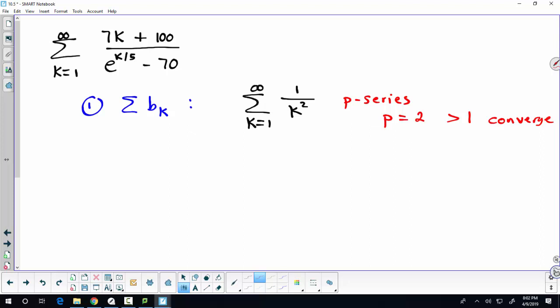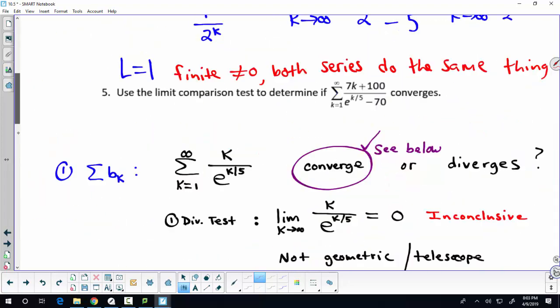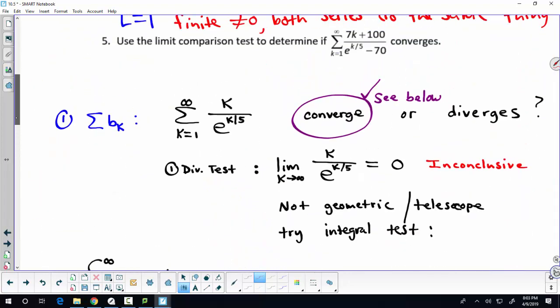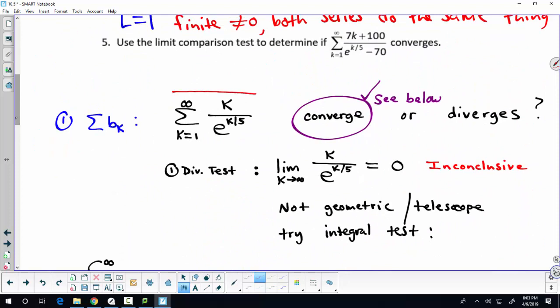How did you justify 1 over k squared? If we were using a direct comparison test, it makes a whole lot of sense to choose this series right here as the series we're comparing to, because we have to establish a direct relationship between the chosen and the given.